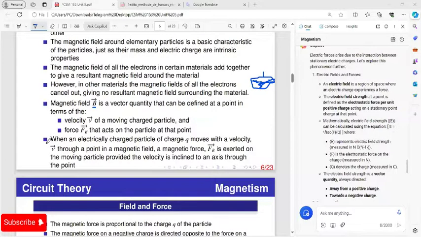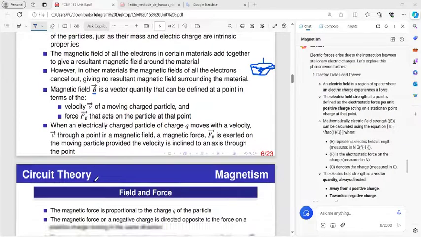Here he's saying when an electrically charged particle moves with a velocity v through a point in a magnetic field, a magnetic force F is exerted on the moving particle, provided the velocity is inclined to an axis through the point.